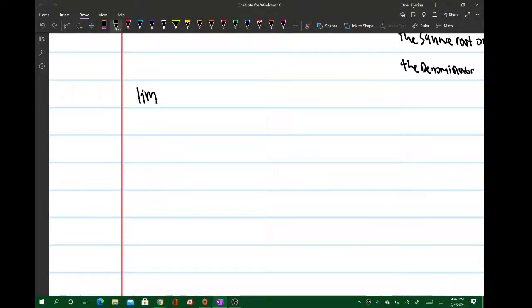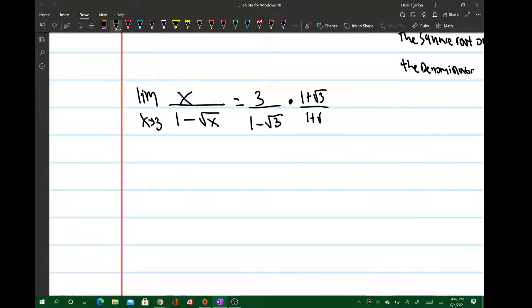For example, if I have the limit as x approaches 3 of x over 1 minus square root x, that would just be 3 over 1 minus square root 3. And if I want to get rid of the denominator, I would multiply by 1 plus square root 3 over 1 plus square root 3.